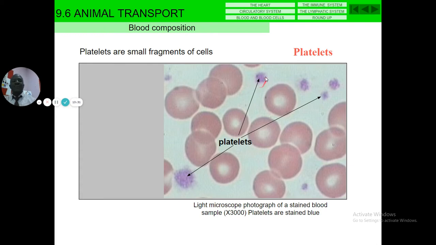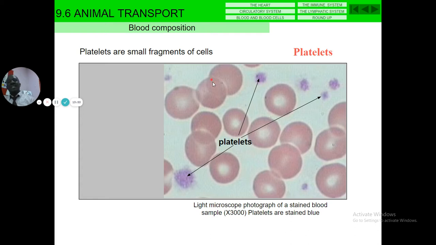The biological name for white blood cells, because they are not colored, is leukocytes. Cyte stands for cell. Leuco, colorless cell. So white blood cells are called white because they are colorless.